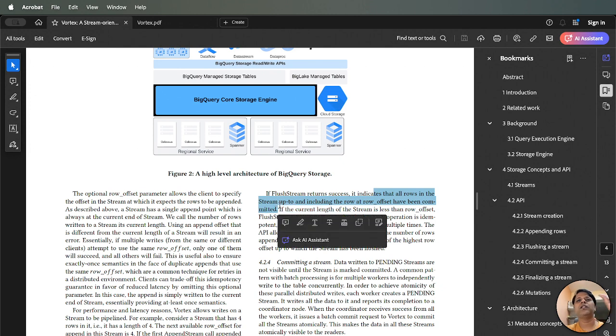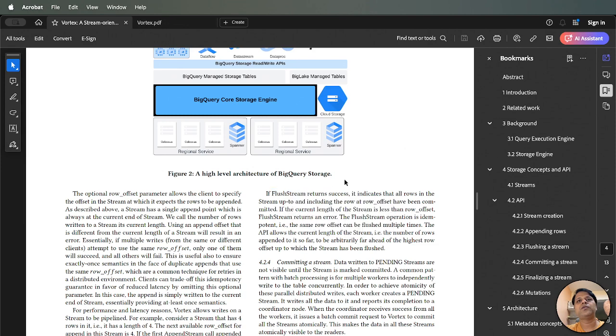So in between it can run flushing so that some amount of data can be committed. Because it is buffered, more and more data may be coming in, but some of the data from that stream can be committed. So it uses one flush stream call and the data gets committed, based on the row offset.